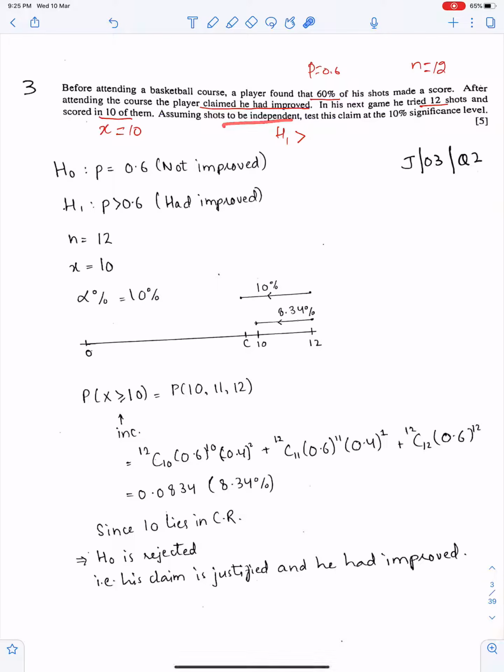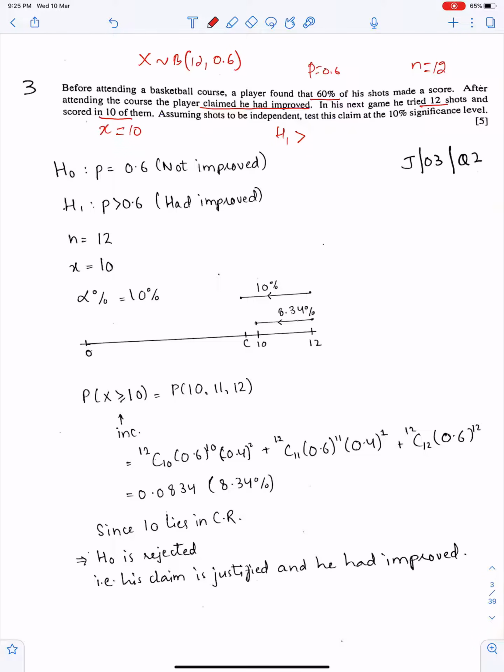Independent means this situation is of binomial, meaning x follows binomial with n 12 and p is of this value, H naught. The value of H naught is p. So 0.6 is here.